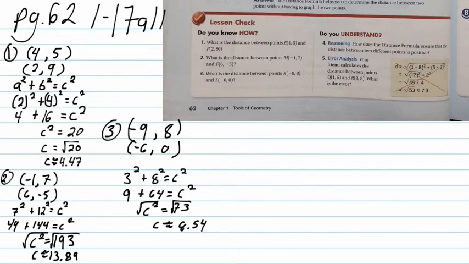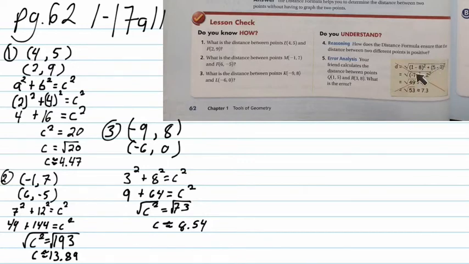But again, their focus is on plugging it into the distance formula. My focus is more on using the Pythagorean theorem. So the book's focus and my focus are a little different. Any repeats on number 4? You know how to answer that one?